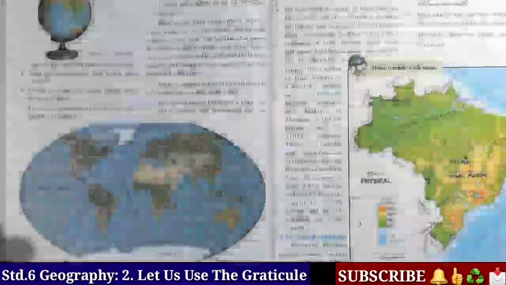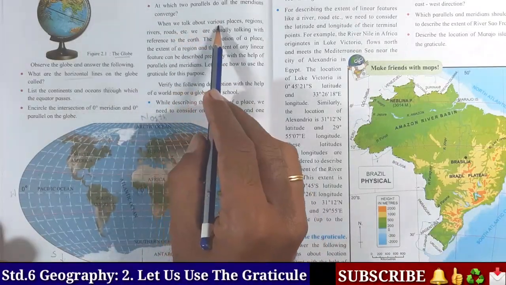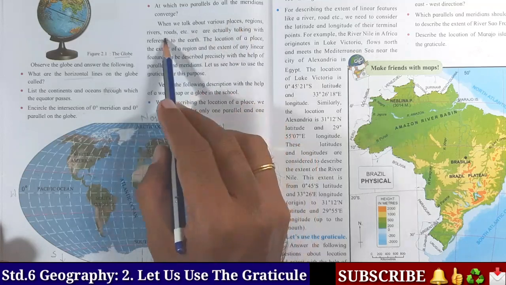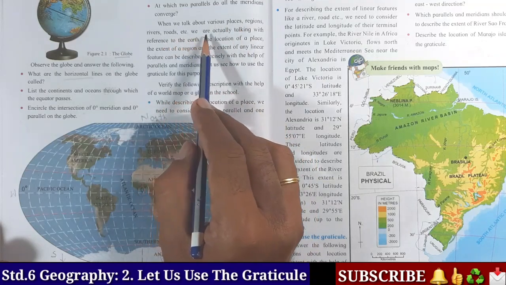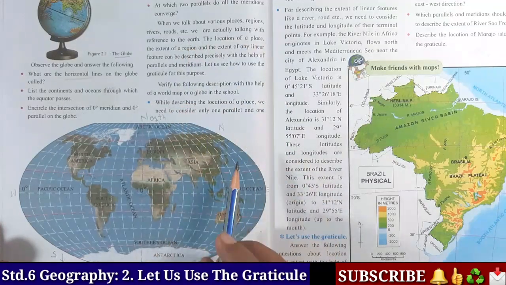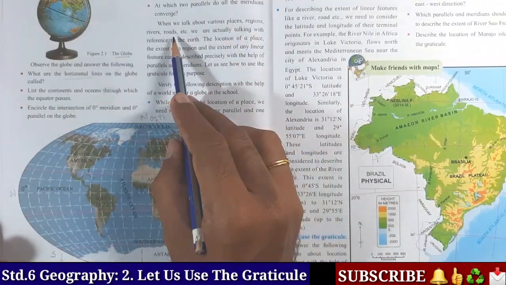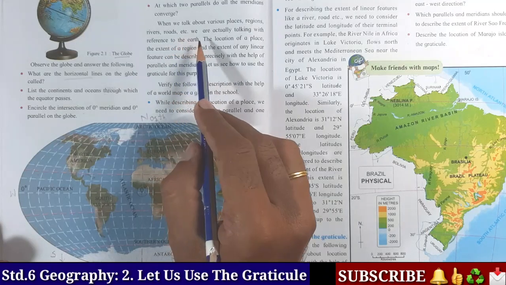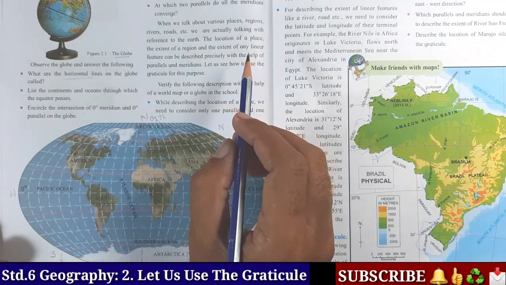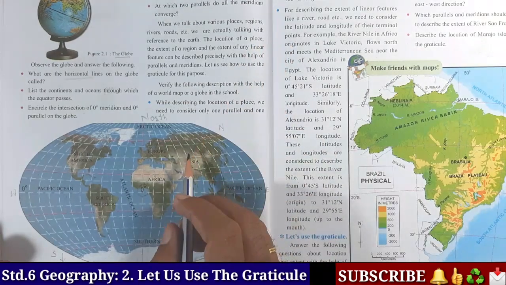Very good. Now students, see, when we talk about various places, regions, rivers, roads, etc., we are actually talking with reference to the earth. Whenever we talk about any place, region, river or road, it means we are talking about where the place, the region or the road is located.